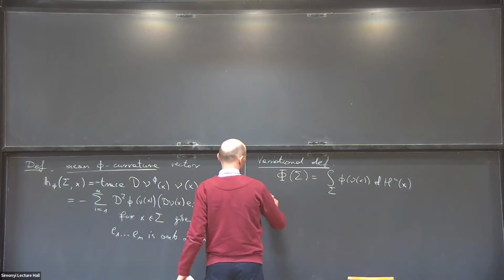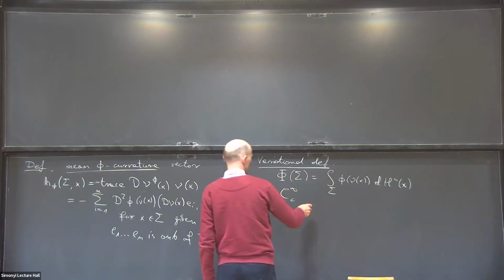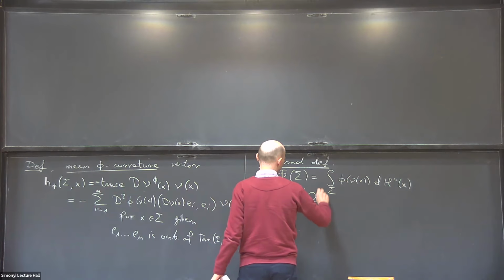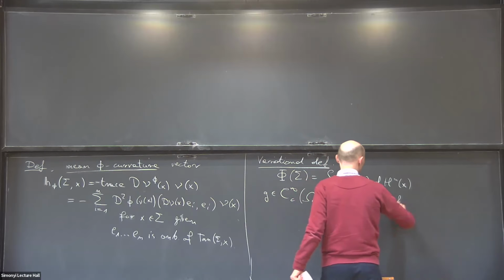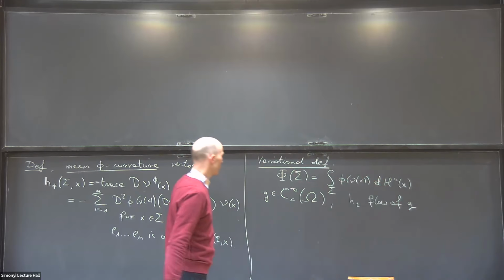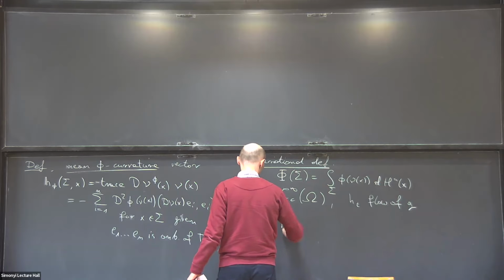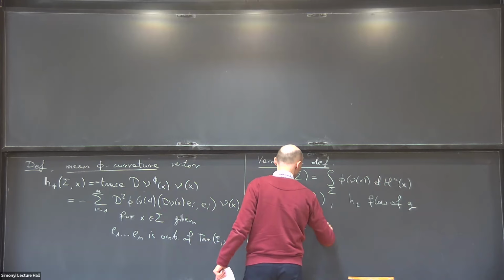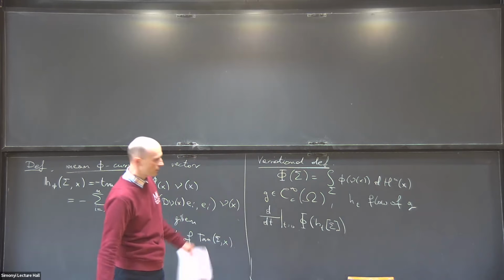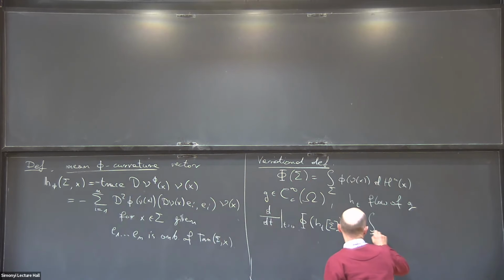If you take a smooth, compactly supported vector field g on Omega and h_t to be the flow of g, then you can differentiate the functional, deforming Sigma with the flow of the vector field, and what you get is exactly this formula.